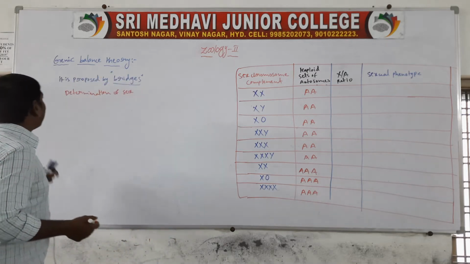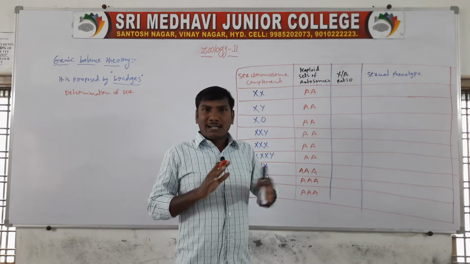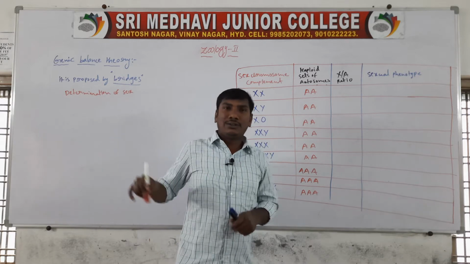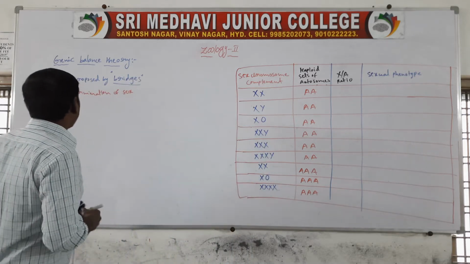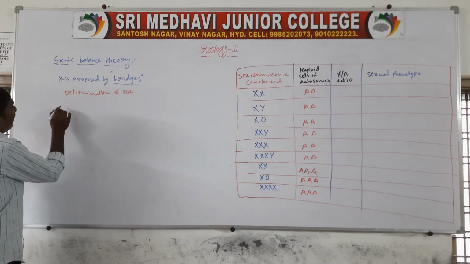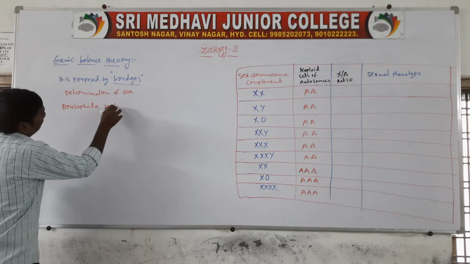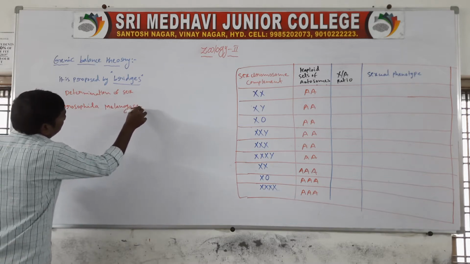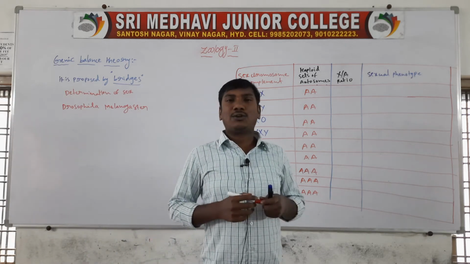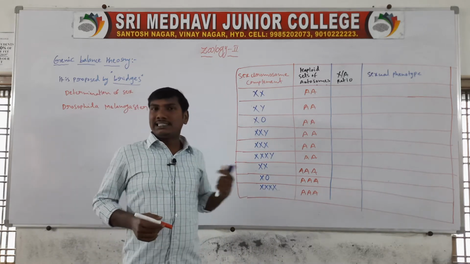Normally, according to the chromosomal theory, XX is female and XY is male. But Bridges was working on the insect Drosophila melanogaster, and in Drosophila melanogaster he identified the genic balance theory.